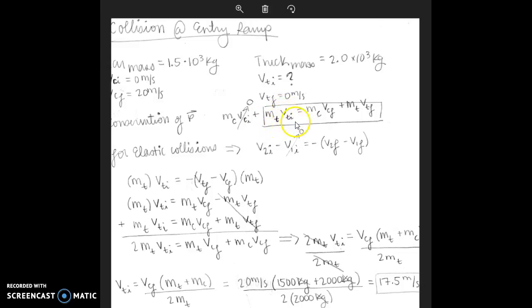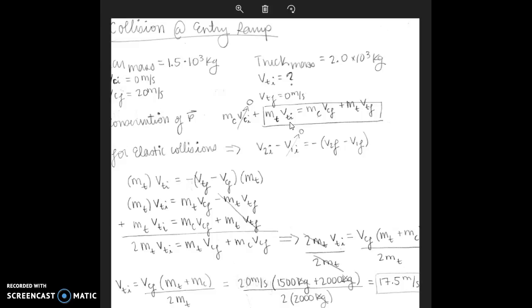So for our conservation of momentum formula, we are left with this: the mass of the truck times the initial velocity of the truck is equal to the mass of the car times the final velocity of the car plus the mass of the truck times the final velocity of the truck. What you're seeing in this whole equation is the initial momentum of the entire system, which is the two vehicles.